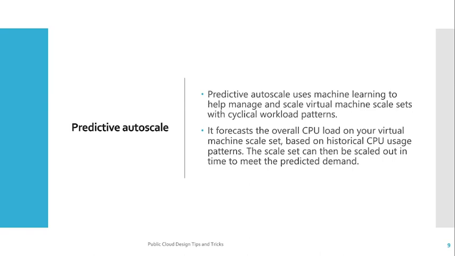Now, another type of autoscaling is known as predictive autoscaling. Predictive autoscaling is one of the beautiful features in the Azure world, where Azure uses machine learning to help manage and scale virtual machine scale sets with cyclical workload patterns.